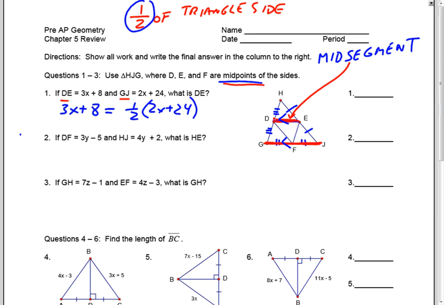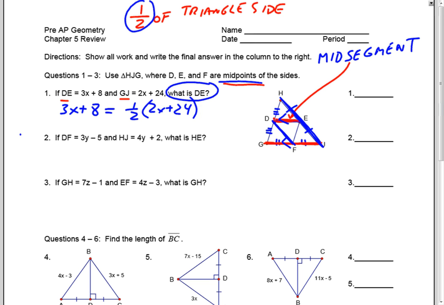Can you solve that equation? I'm going to leave that for you. Once you get X, make sure that you actually figure out the actual question. Jump to number 2, DF. Well, DF is another mid-segment, but now we're relating it to this side over here, HJ.